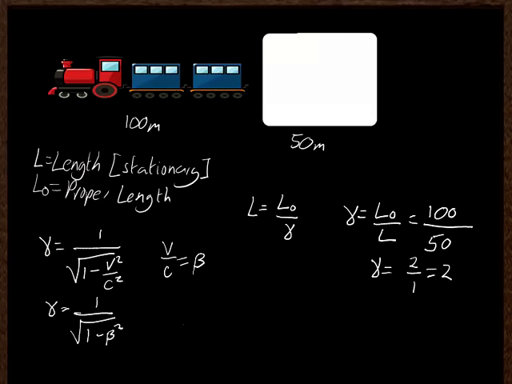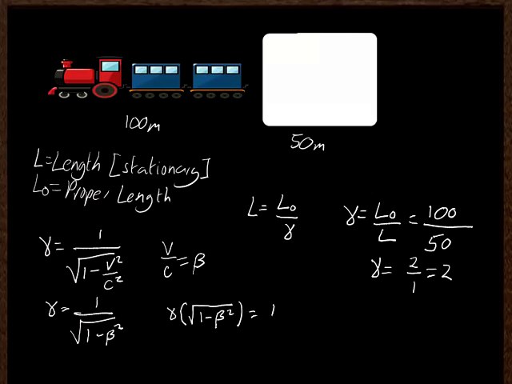And we'll do a little bit of rearranging here. I'll bring that up to the top: gamma equals 1 over the square root of 1 minus beta squared. What I'm then going to do is bring this gamma down underneath the 1 here, and I'm going to square everything to get rid of the square root sign.